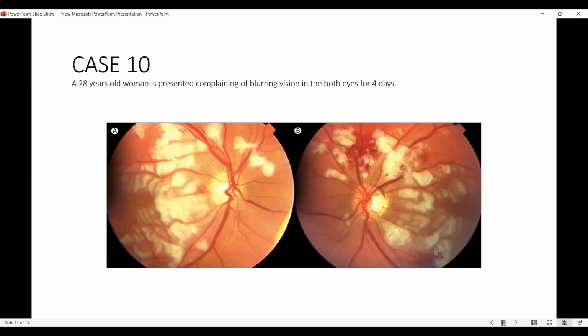Generally, these patients will have some kind of trauma, and they will have bilateral vision loss. Any history of trauma is very important, because compression injuries may cause embolism and vessel damage, and they will cause this whitish appearance along with hemorrhages in both eyes.